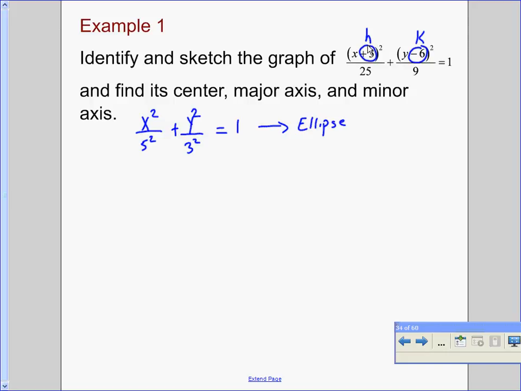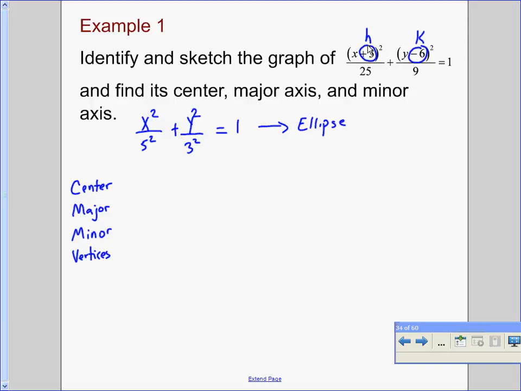Okay, so if we have an ellipse here, then what we would need to find in order to sketch a graph would be its center. And it mentions finding the major axis and the minor axis. We're going to find our vertices, which are going to be on our major axis.